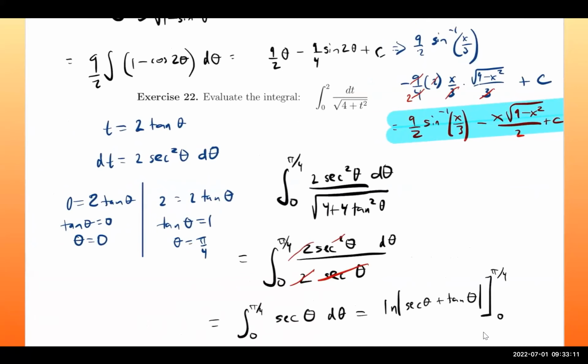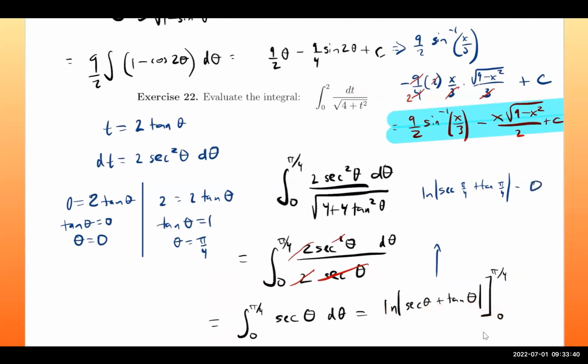All right, looks like I'm running out of room, but let's see if we can do this. I'll just move this up here since there's a little space. So that's going to be ln of secant pi fourths plus tan pi fourths, minus, this is going to turn out to be 0. If you plug in 0 here, the secant of 0 is 1, and then the tangent of 0 is 0, and the natural log of 1 is 0.